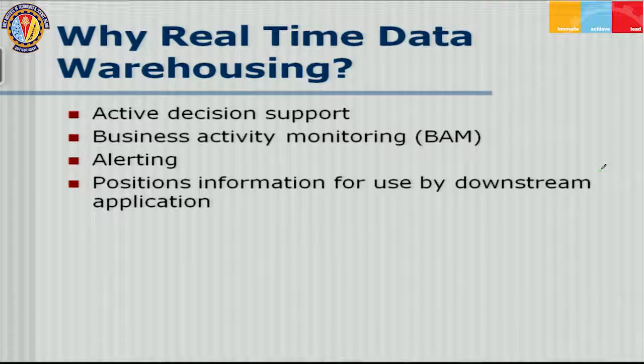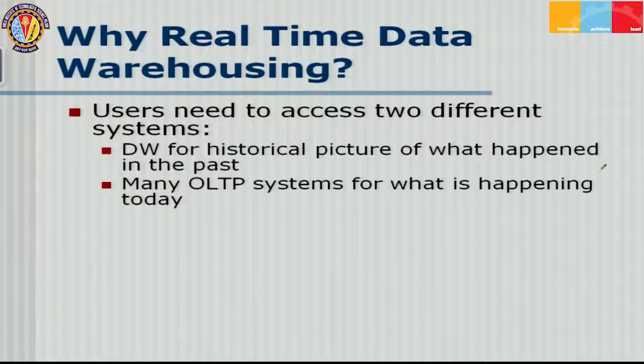So if we use real-time data warehousing, it'll be able to quickly position information for use by applications that are there downstream, right? That is after the data warehousing. So these are some situations which require real-time solutions, and users need to access two different systems in order to incorporate the real-time data.